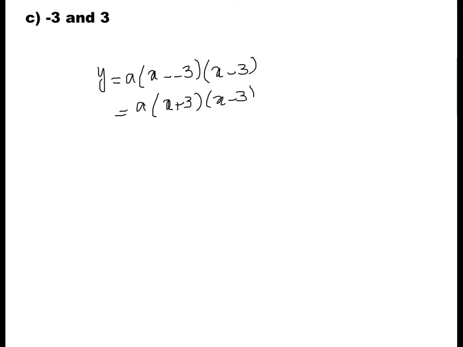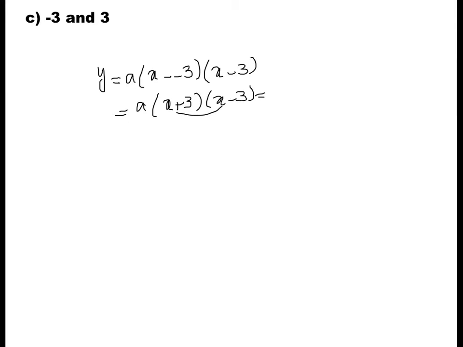The next one is -3 and 3, and this is going to be y is equal to a times x minus -3 times x minus 3, which is going to be a times x plus 3 times x minus 3.